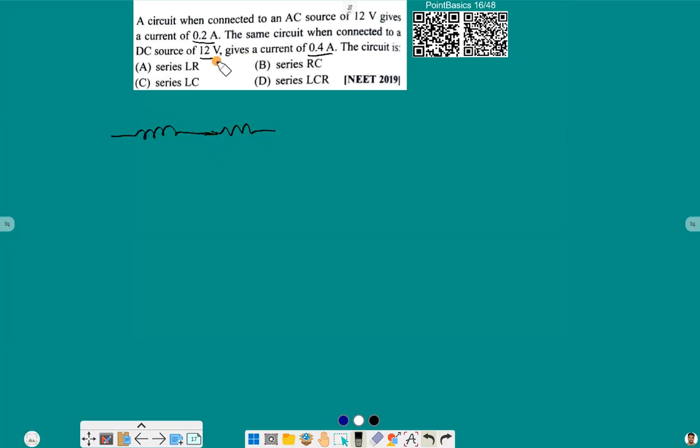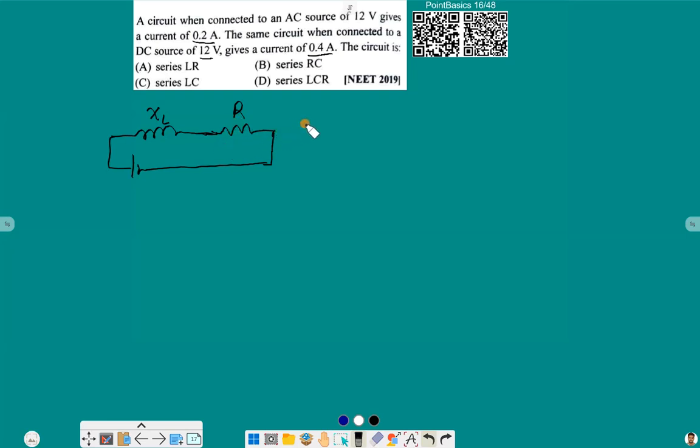Now in case of AC, there will be some impedance due to this inductor, that will be XL, and there will be some value of the resistance.